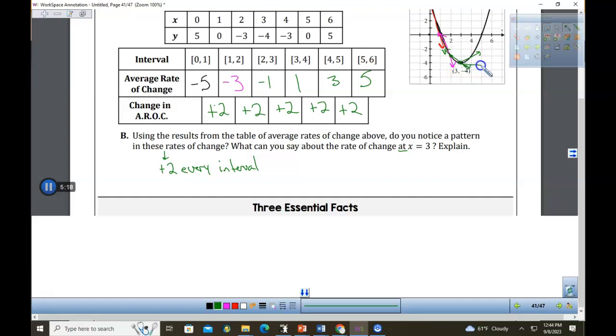Well, at 3, my slope is 0. The rate of change is 0, right? Because my tangent at that point is a flat line. So that's good, because my tangent has 0 slope.